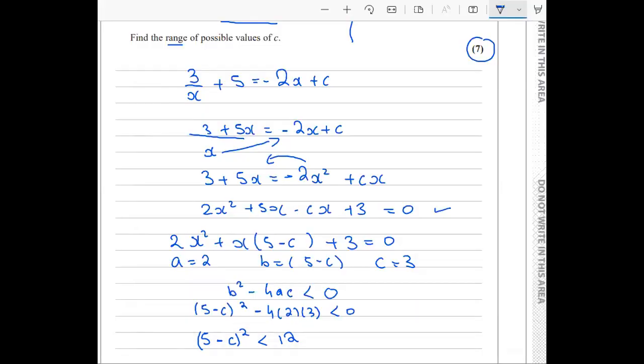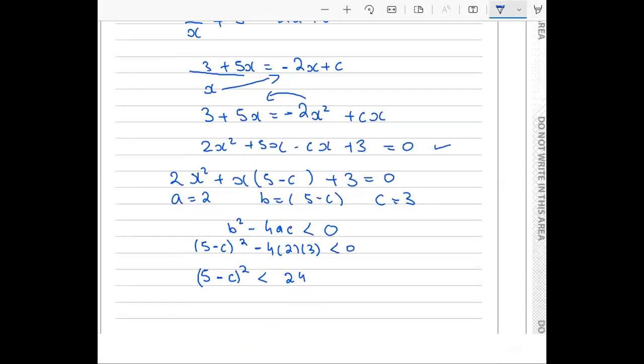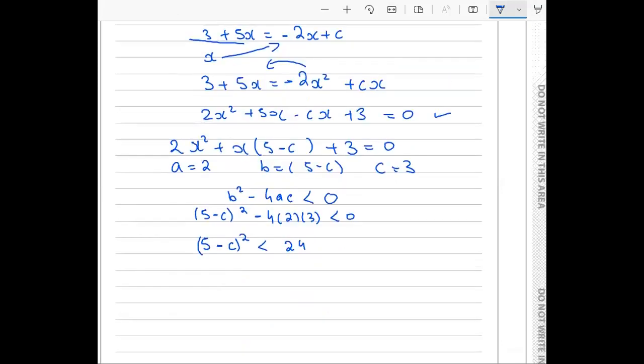Mikal, how do we solve inequalities? We would square root both sides. So this way I will get 5 minus c less than plus minus under root 24.